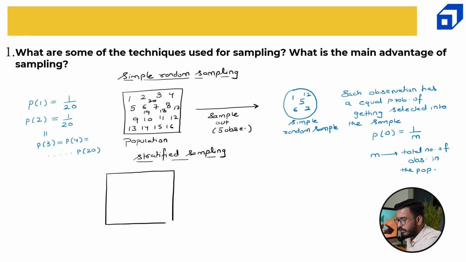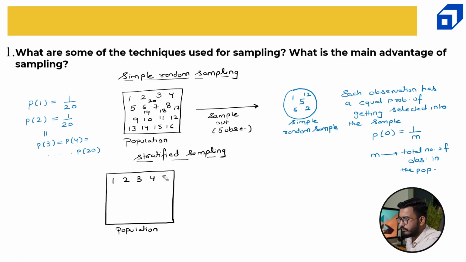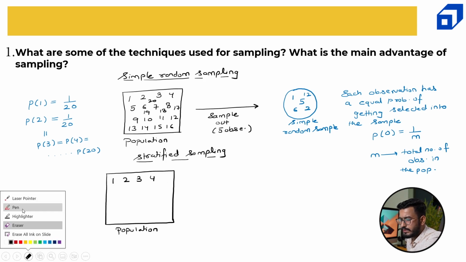Let's say this is my population, and here I have, let's say, 1, 2, 3, 4 present in black color.